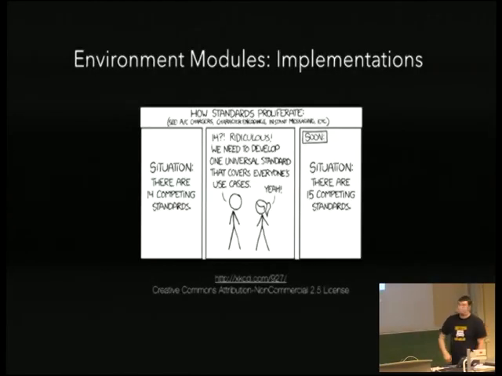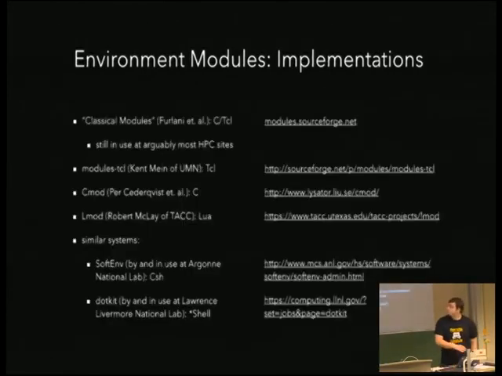So implementations, of course. It was a good idea, but there are like 5 or 6 different versions out there now. Modules were originally written in C with the module files in TCL. So people didn't like TCL very much, so they did a lot of other implementations.